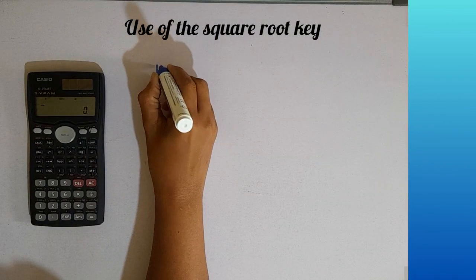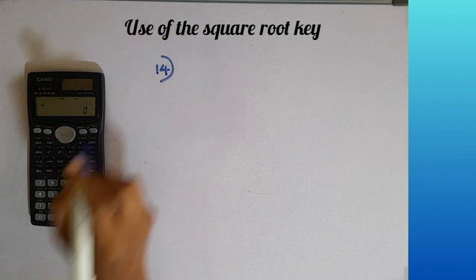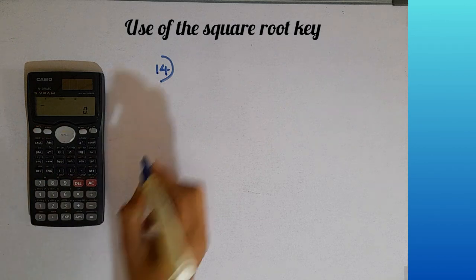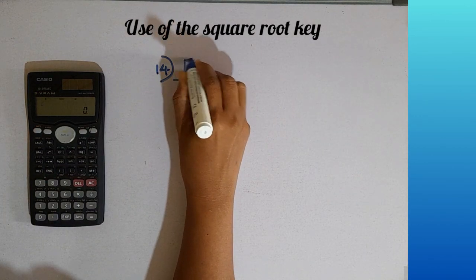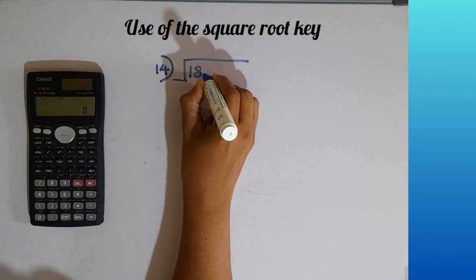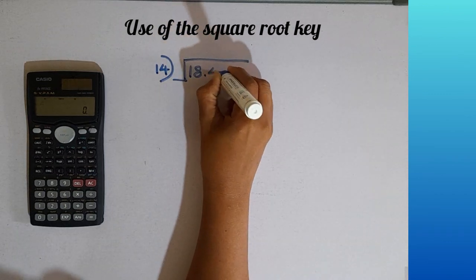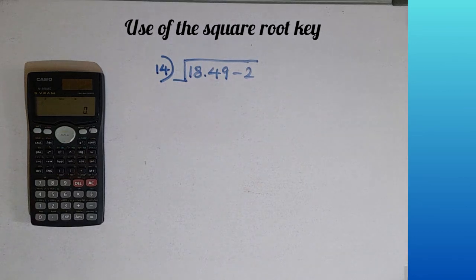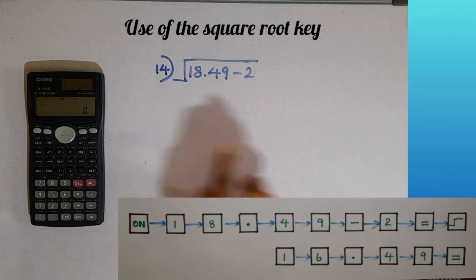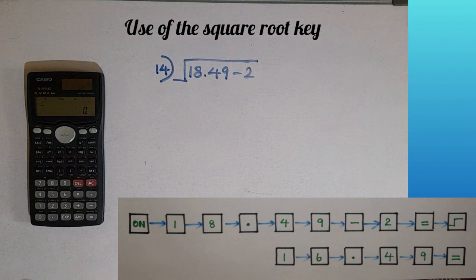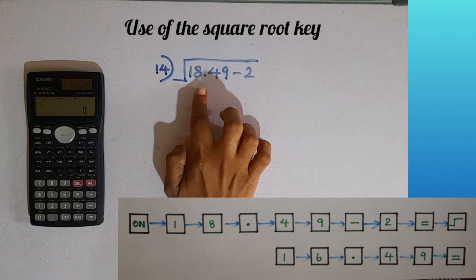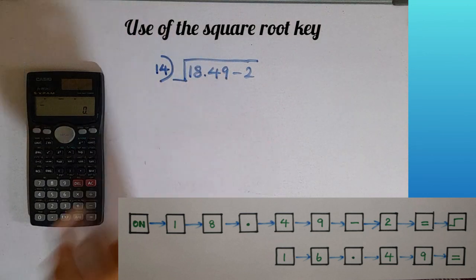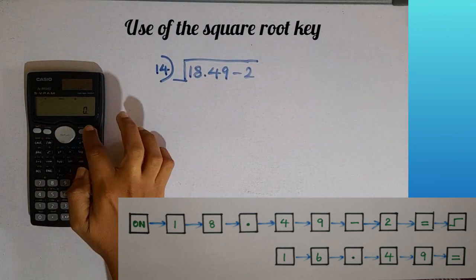Now let's discuss the last sum using the square root: the square root of 18.49 minus 2. We can perform it in two ways. In the first method, we can use this flow chart. That means we can first take the answer of 18.49 minus 2.